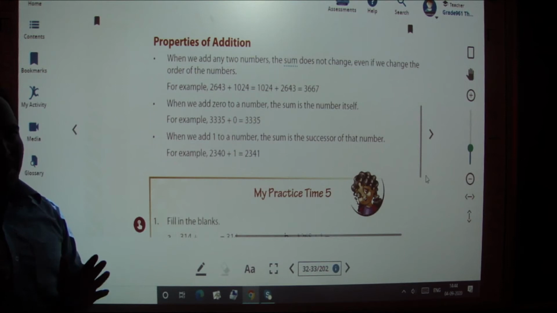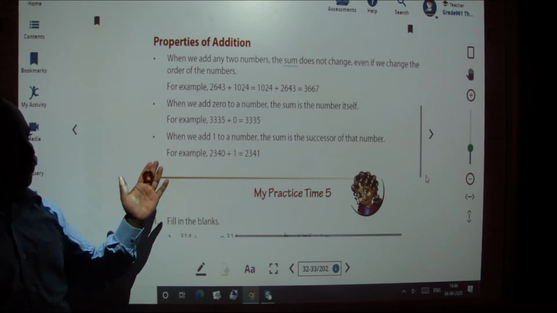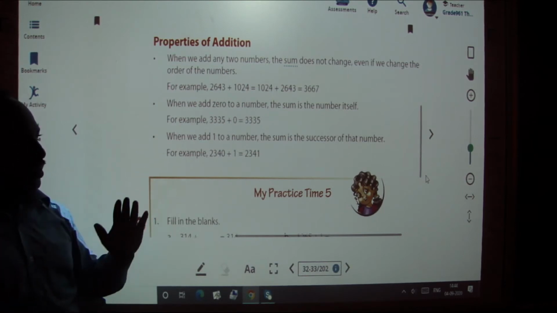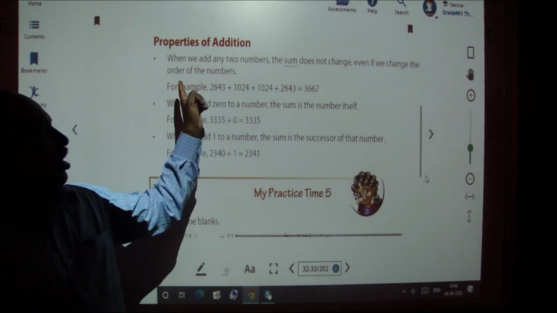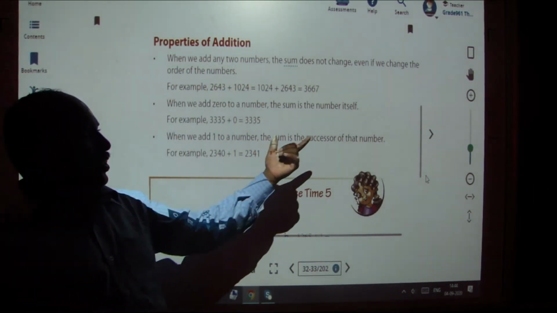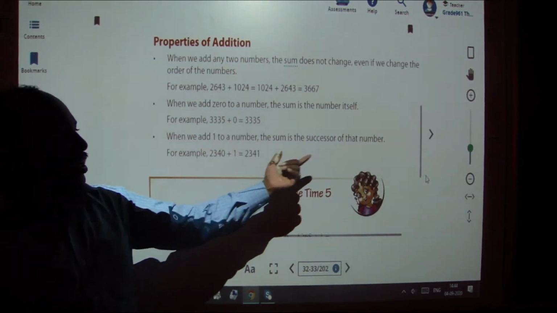We have three properties. The first one is order of numbers, the second one is number itself, and the third one is successor.